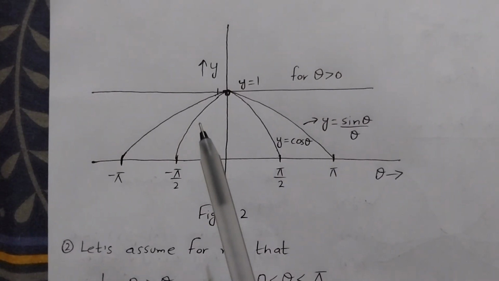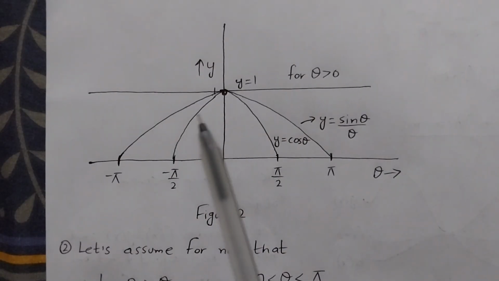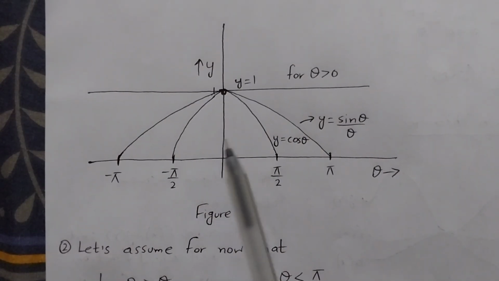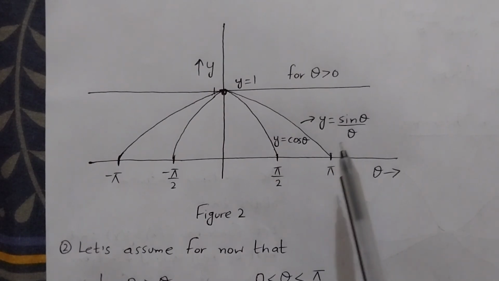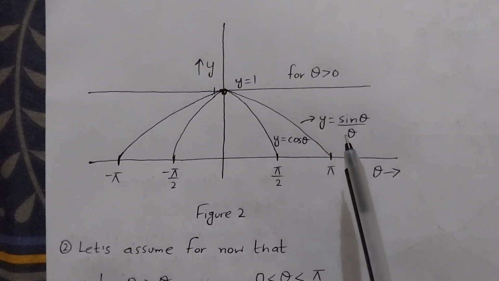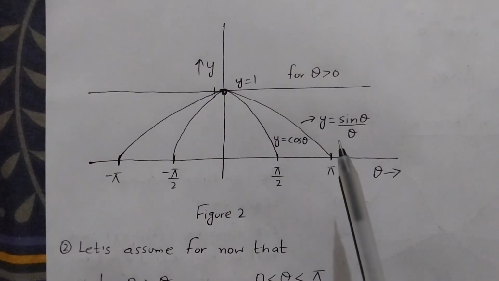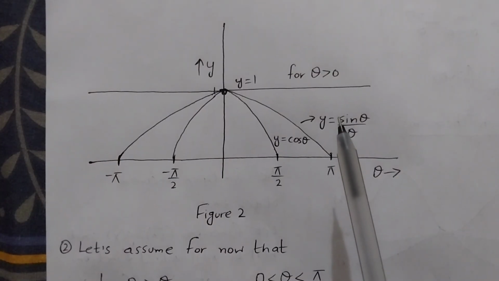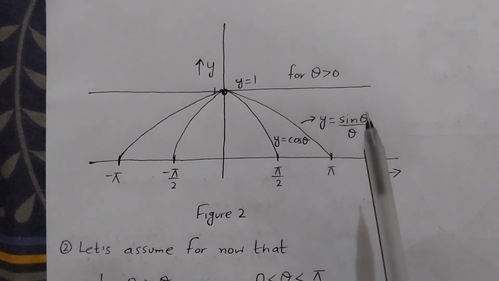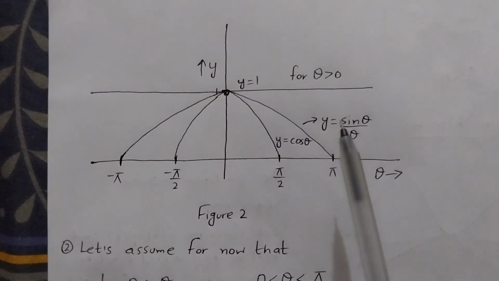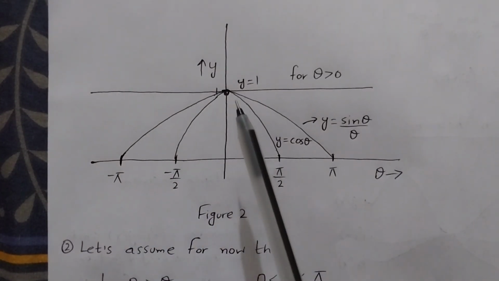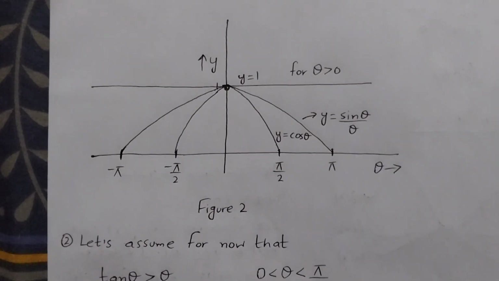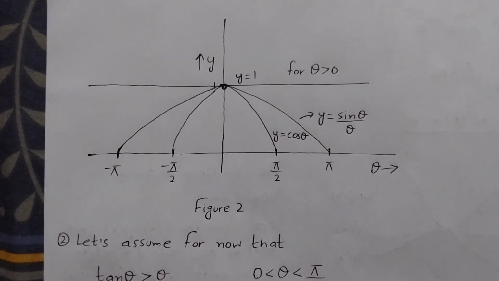So sine theta becomes negative times sine theta for negative theta, and we are interested in sine theta over theta. So in the denominator, we also must divide by the value of theta, which is negative. So the negative and negative cancel out in numerator and denominator, and we end up with the same sine theta over theta. So that also approaches 1. So I'm going to prove that also.